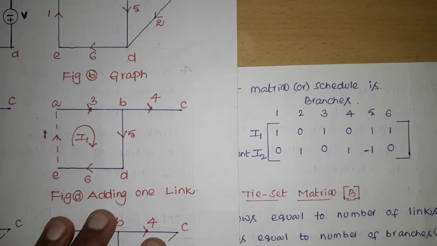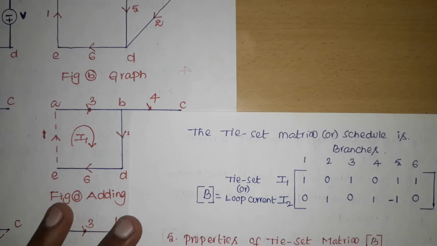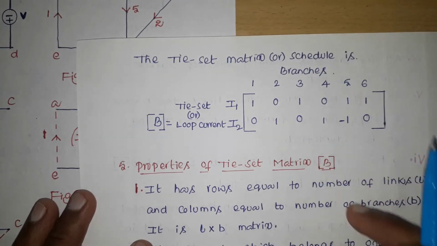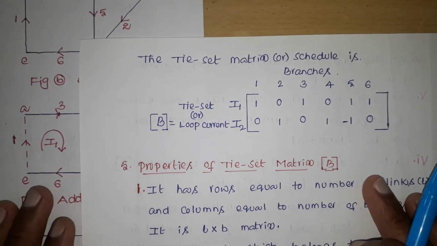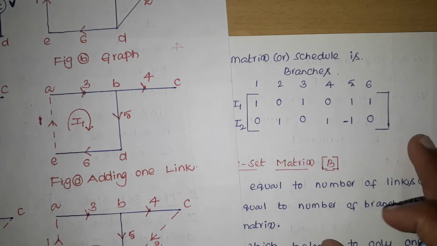So the number of rows of the tie set matrix capital B is the number of links, and the number of columns equals the number of branches. In this example there are 2 links, so that's why I get 2 rows.